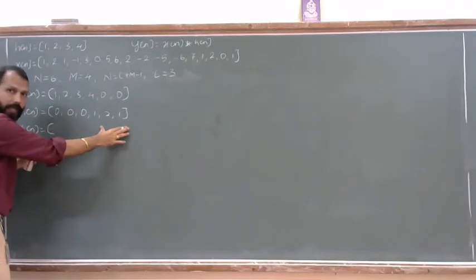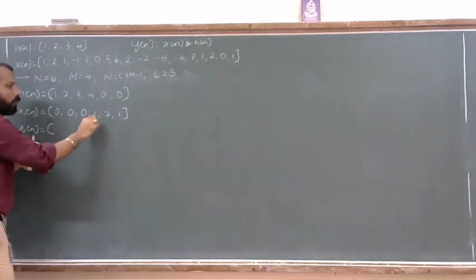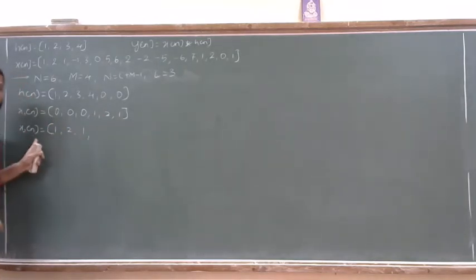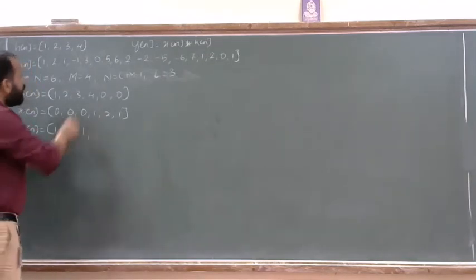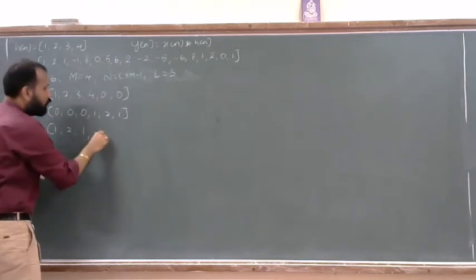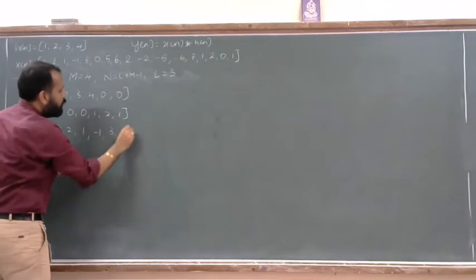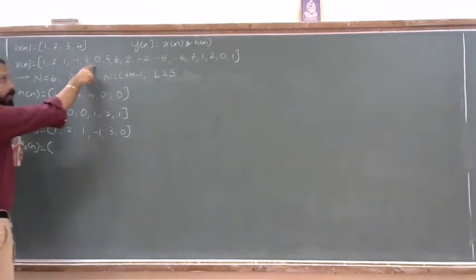They will be taken as the first M minus 1 samples of the next data block. So 1, 2, 1 will be the first 3 samples in the next data block, and the remaining L number of samples will be taken from the input sequence. So L is 3, the next 3 samples minus 1, 3 and 0 will be taken from the input. And this continues till we complete all the samples in the input sequence.